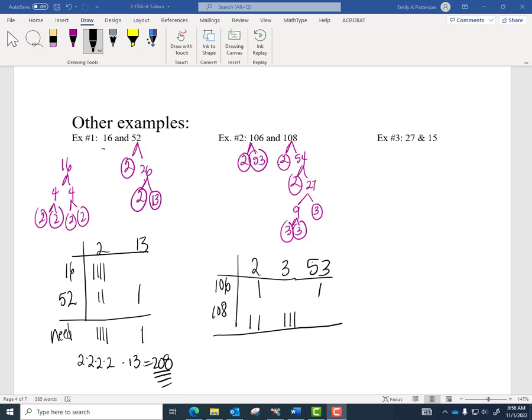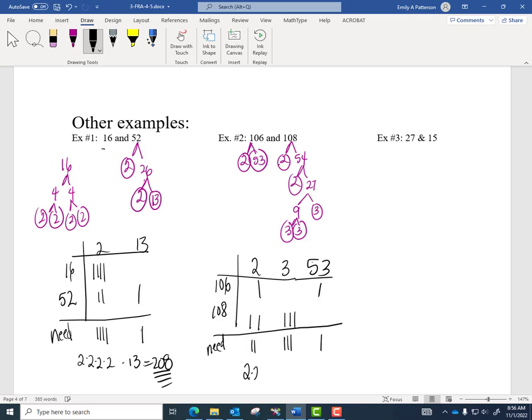Now this one might be a little uncomfortable because we're used to having smaller numbers with a prime, but 53 is prime. So at the end, when we're looking at what we need to compose our lowest common multiple, we're going to go the most of each column. So there's 1 here and 2 here, so the most I need here is 2. There's 3 here and none here, so I need all 3 of these 3's and the 53.